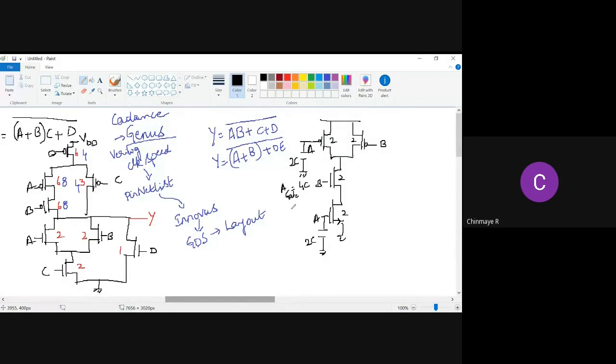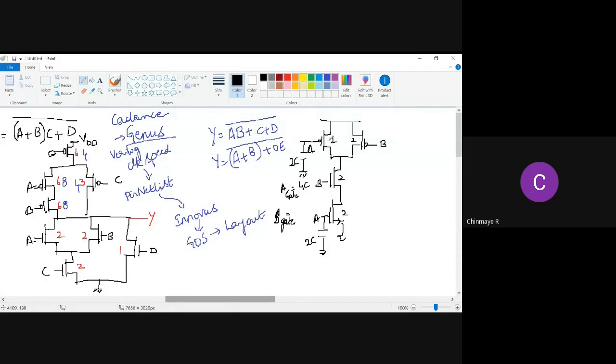Is that right? Yes, ma'am. Similarly, can you tell me what is the total capacitance at the gate B? See, the NMOS at the gate of A has a capacitor 2C, right? Because its width is 2.